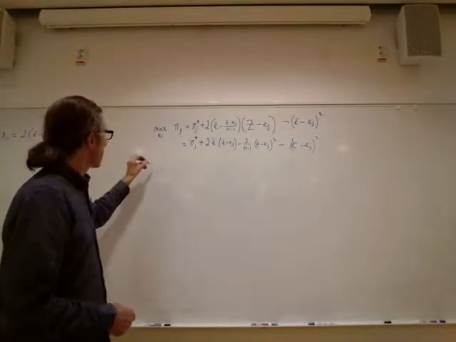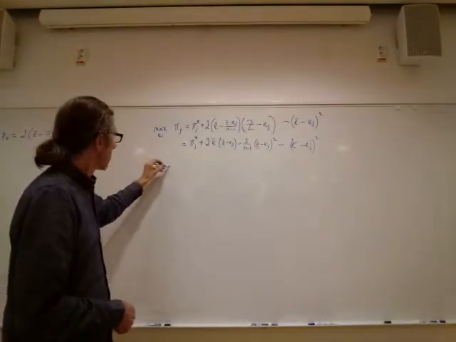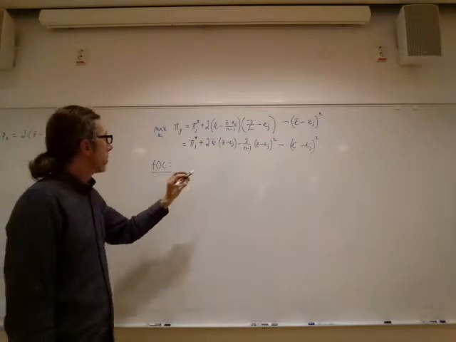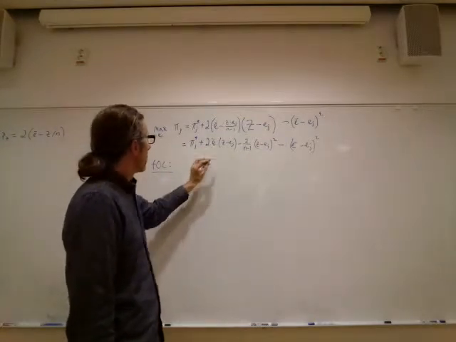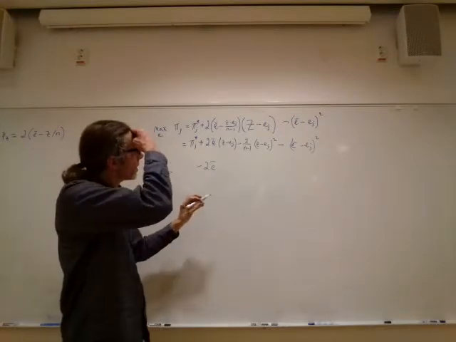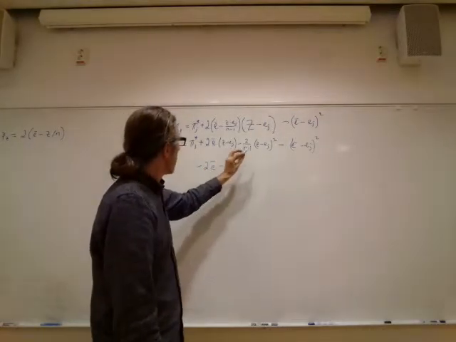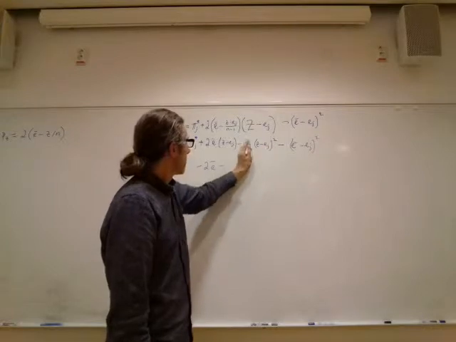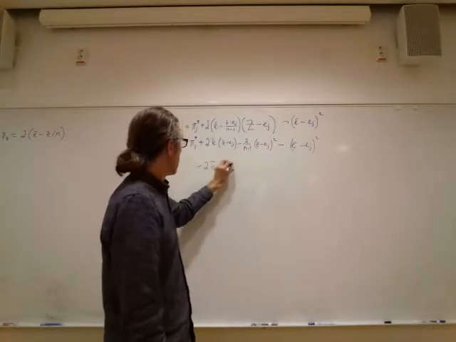So if we take the first order condition, we end up with minus 2 E bar, minus, differentiate this, we get 4 over n minus 1.